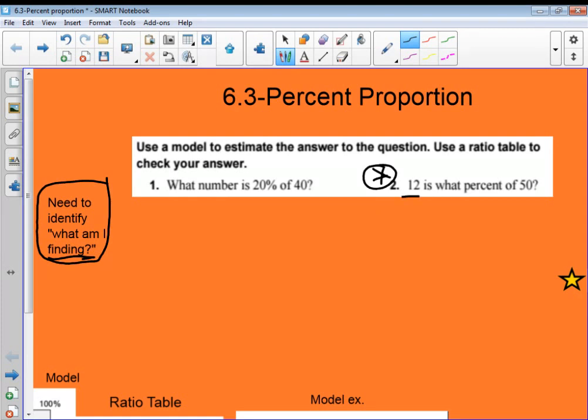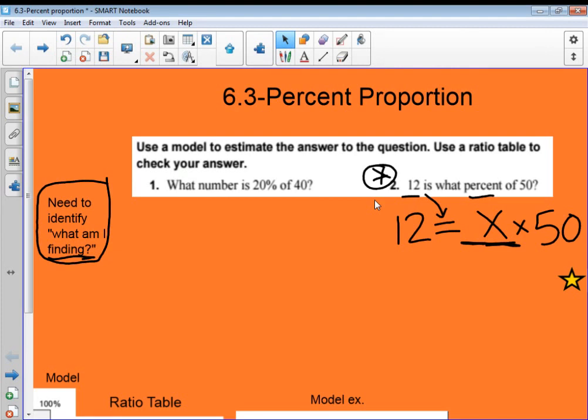So 12 is what percent, some unknown, that's going to be a percentage times 50. So I guess instead of the question mark, I just could put X. And remember, when I solve it this way, it will come out as a decimal.